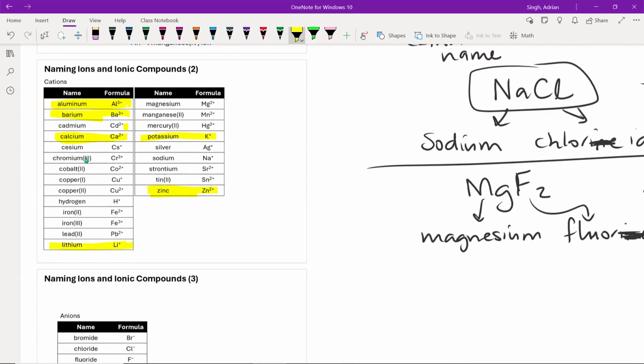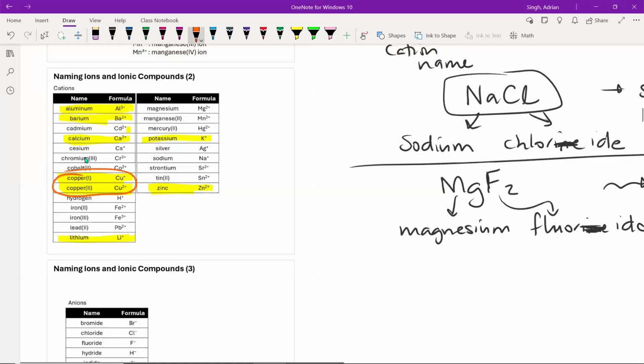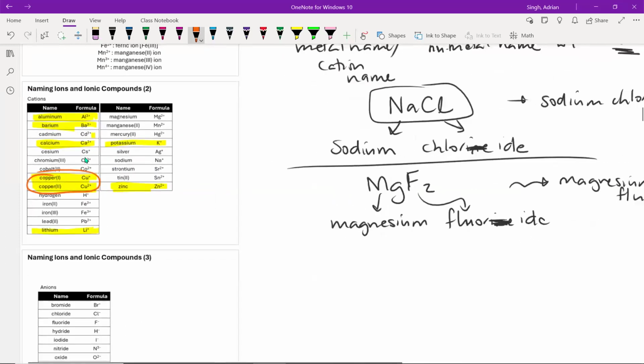What you'll also see is that there are some metals that actually can form different charges. So for instance, here you'll see copper with a charge of +1, and you also have copper with a charge of +2. And they're named differently. Okay, we can't just say copper, because which one are we referring to? Copper with a 1+ or copper with a 2+ charge? So we need to incorporate Roman numerals in those names.